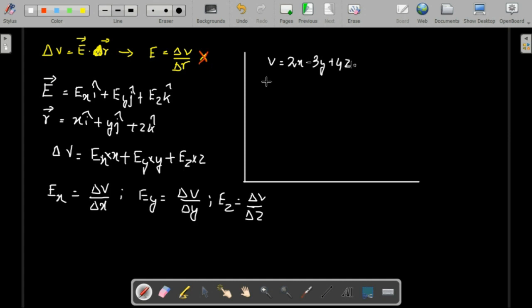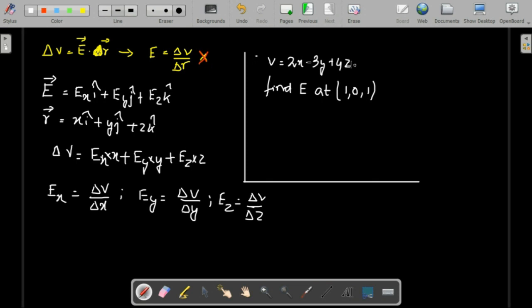You have to find the electric field at 1, 0, 1. Suppose this is the question. So now you know the x component of your potential, the y component of your potential, and the z component of the potential. And then you can find out the electric field x, y, and z.